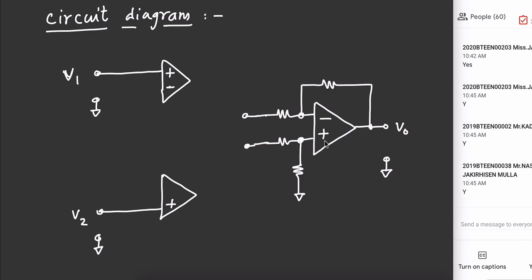Then the inverting terminals are used to get the feedback. And at the output we connect 3 resistors like this, and then we connect the circuit like this.